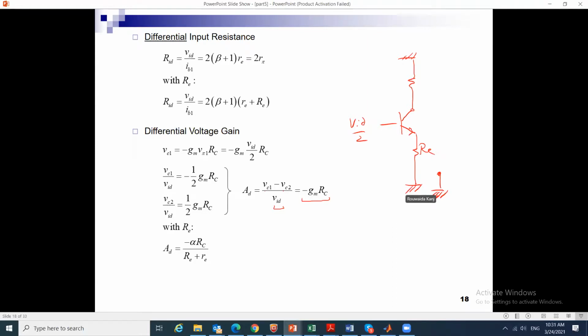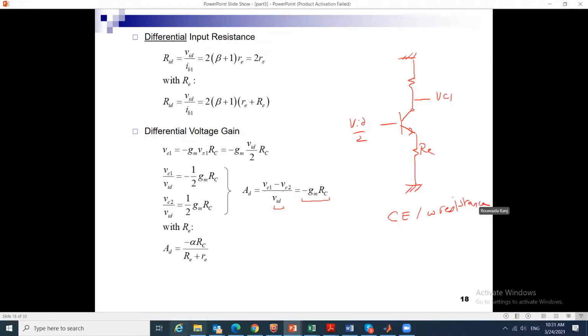I now want to find the gain with respect to the output node VC1. Okay, this is a common emitter with emitter resistance.